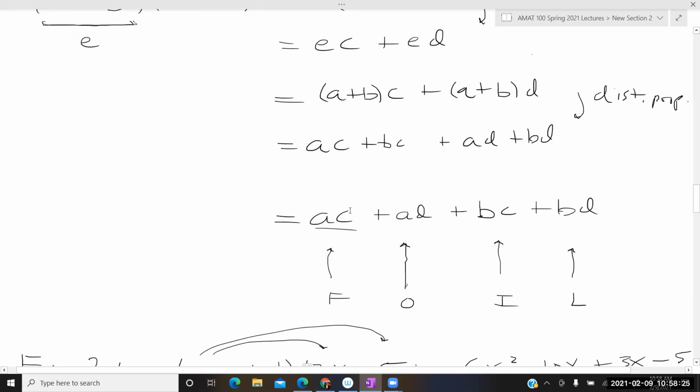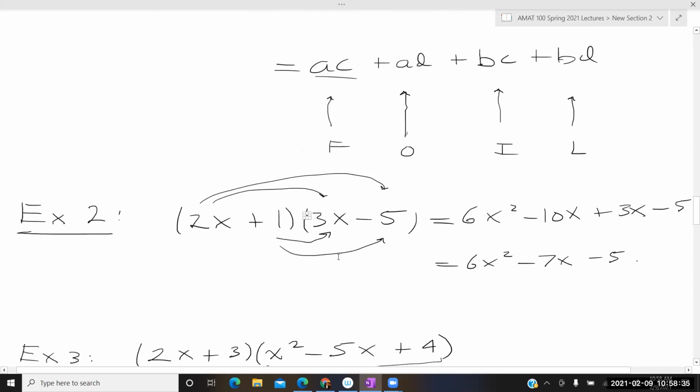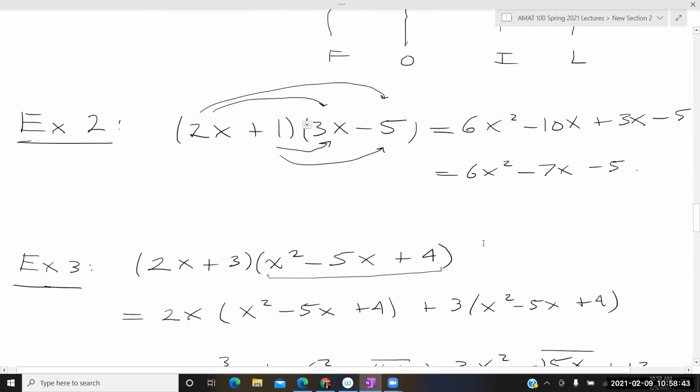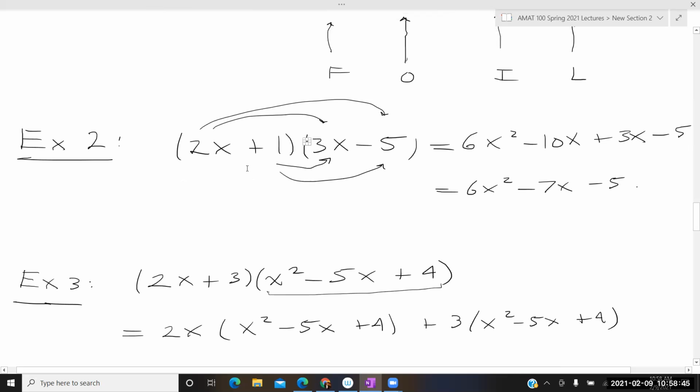All I wanted to do is point out how you prove this rule, because that's what modern mathematics is about, just proving things. And also point out that because x is a variable, it represents a real number, so we can use these foiling properties. I illustrate that fact in example 2.